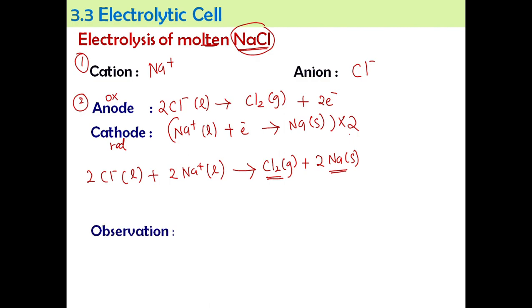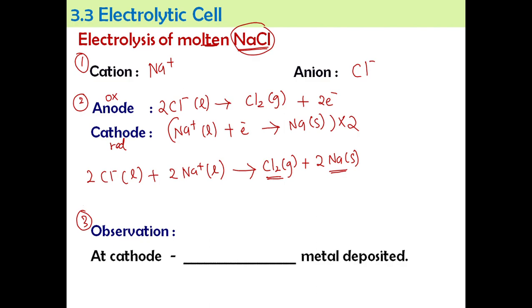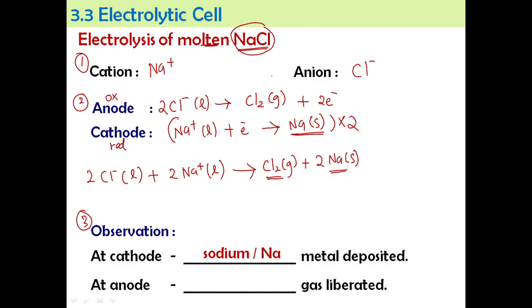So the third step is we're going to state what is the product at cathode and anode. So at cathode, okay, tengok cathode, apa produk dia? Na solid. So means sodium or Na metal is deposited at cathode. Okay, what about anode? Okay, for anode kita akan menghasilkan Cl2 gas.